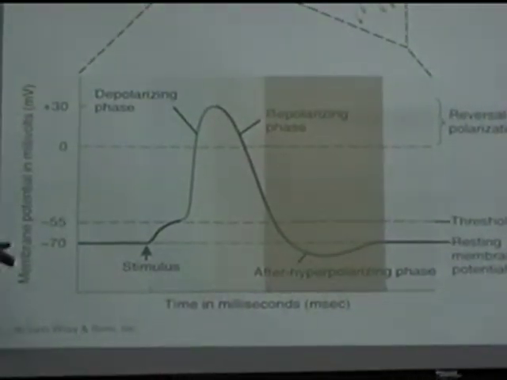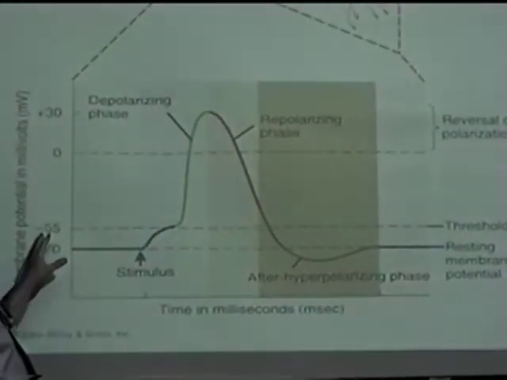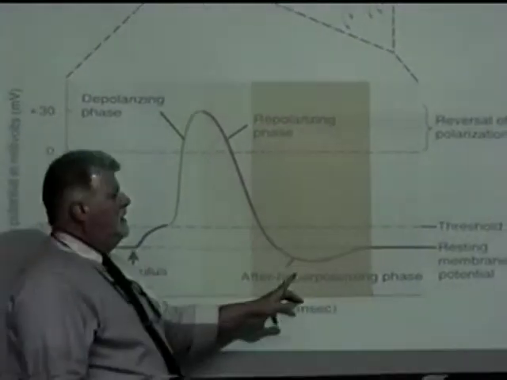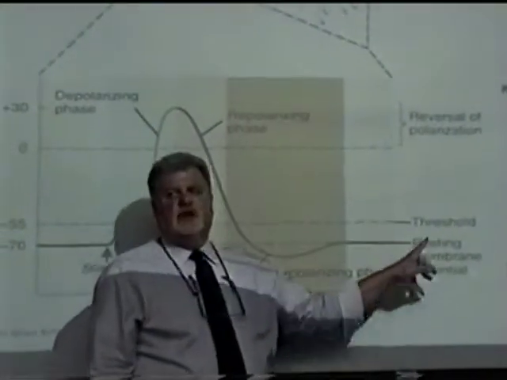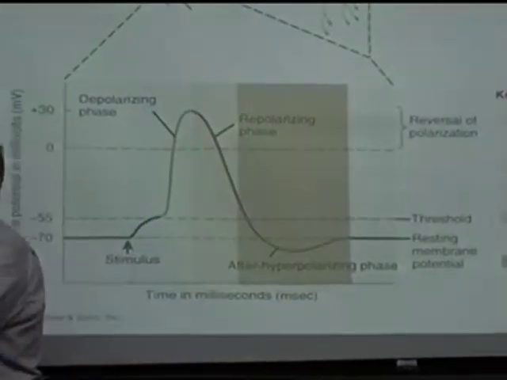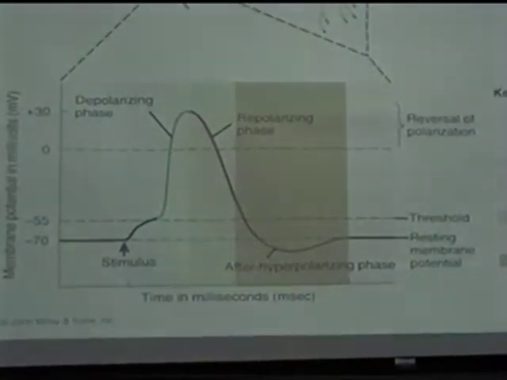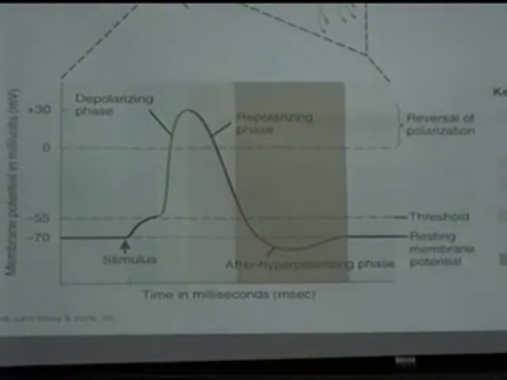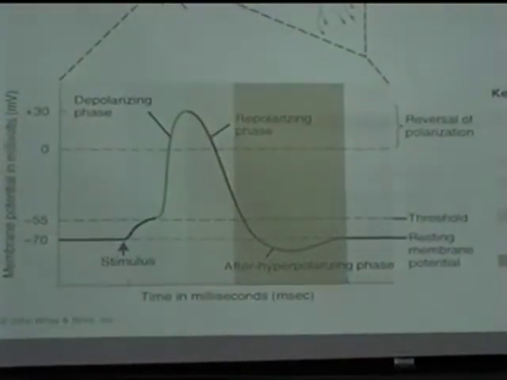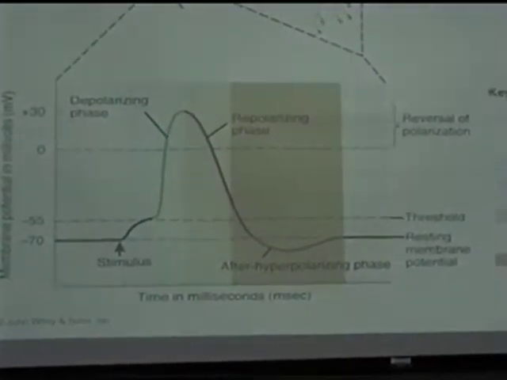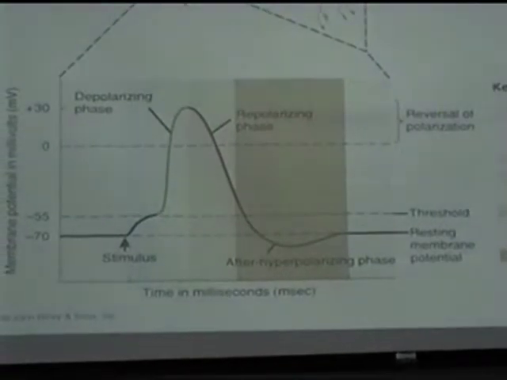And since the voltage-gated sodium channel opens at -55, we refer to that as threshold. And so I have to get enough acetylcholine released to create a threshold event if I'm going to get my muscle to contract. So tomorrow in lab, I'll use electric impulses.